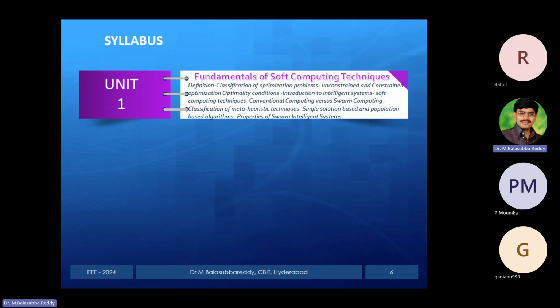And now in this first unit, the fundamentals of soft computing techniques, we have classifications of optimization problems. In that, unconstrained and constrained optimization: unconstrained means a problem without constraints, where simply you are going to minimize one thing. Like, you want to go to some city, say from Hyderabad to Delhi. That is our objective.